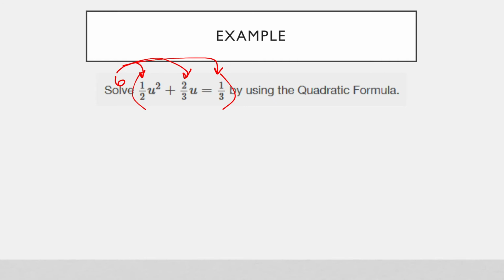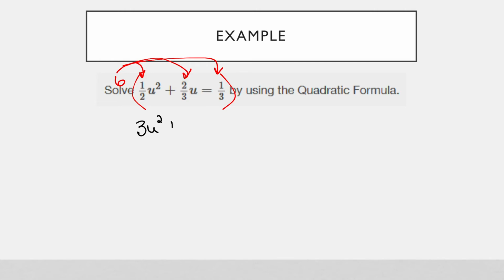So whenever I multiply 6 times 1/2, I end up with 3u squared. 6 times 2/3 u. Now, you might need to think about this for a second, but this is actually very easy math to do without a calculator. So here's how I do this quickly in my head. 6 divided by 3 is 2, and then 2 times 2 is 4.